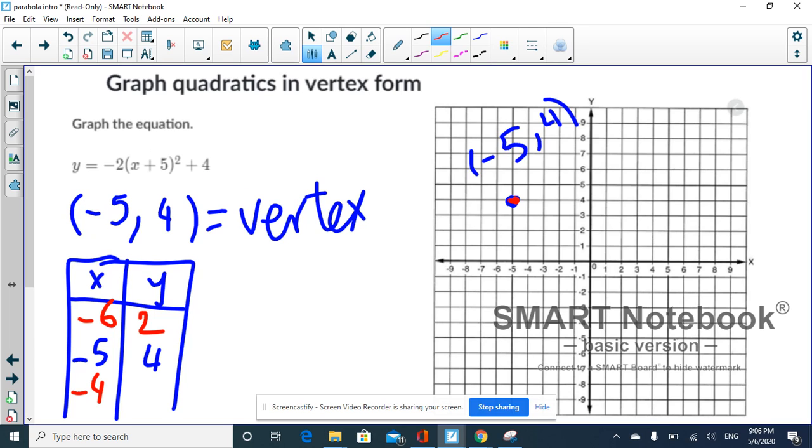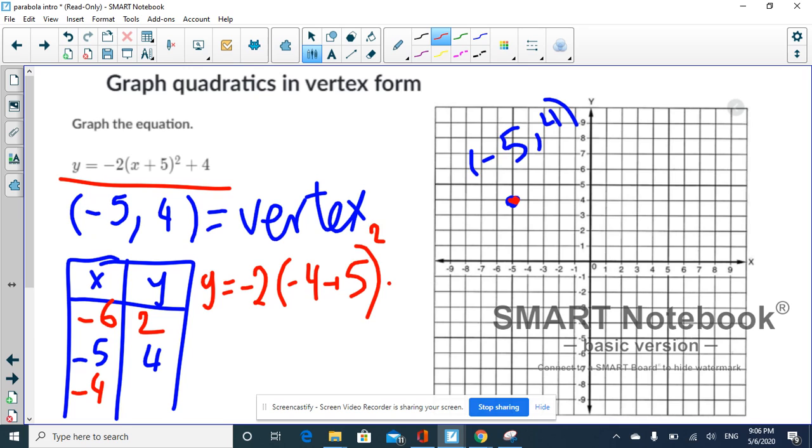For x equals -4, from this equation, y equals -2 times, we remove x and put -4 here, plus 5, power 2, plus 4. And let's see what the y coordinate is for this point.